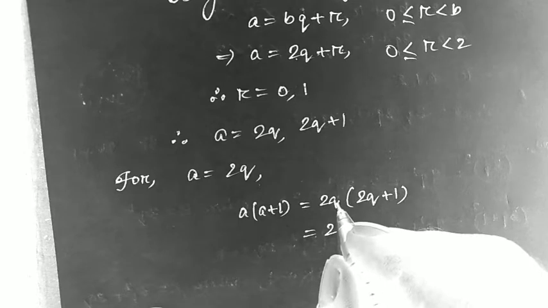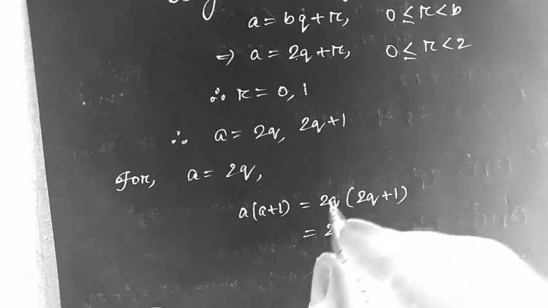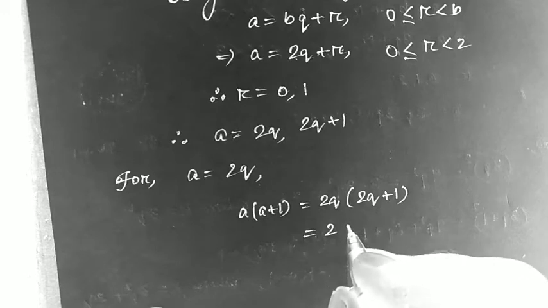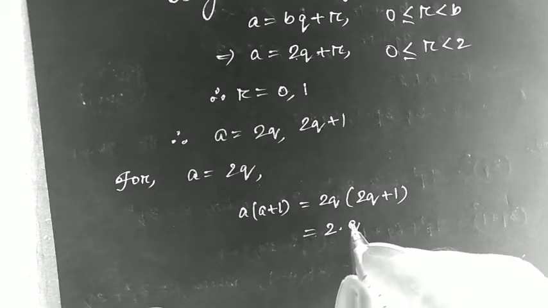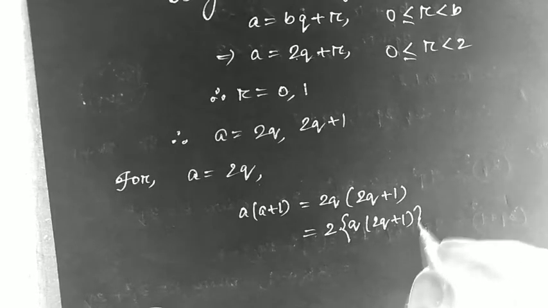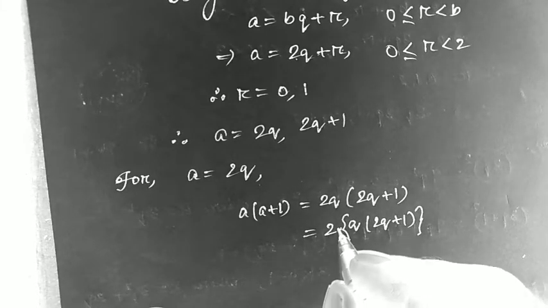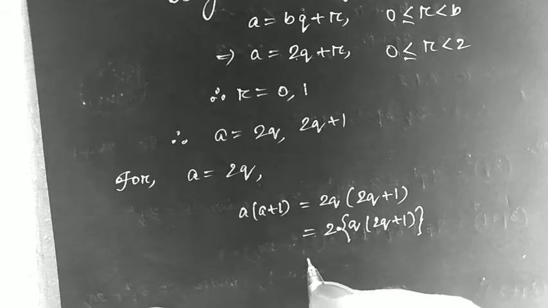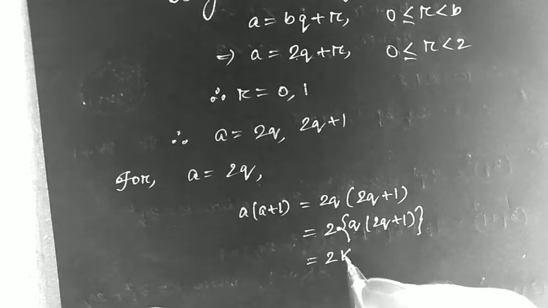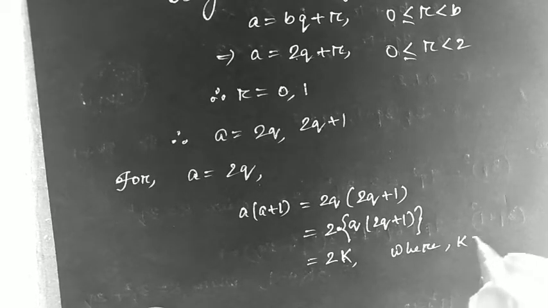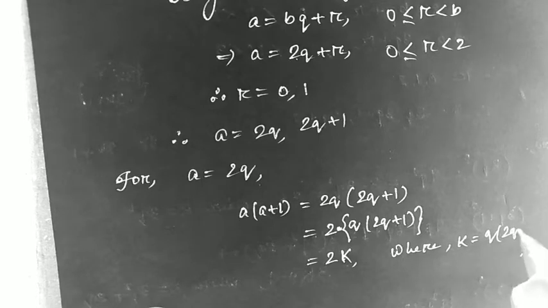So 2 into something, 2 into k, means we can write 2q in this bracket also, 2q plus 1, no? That means 2 is multiplying with some integer, or you can write it 2k, where k means q into 2q plus 1, no?